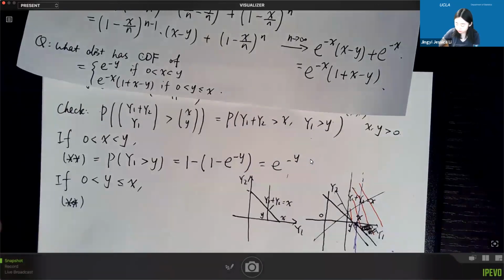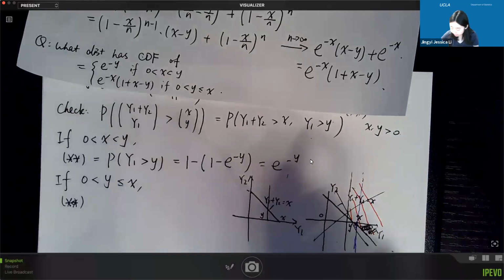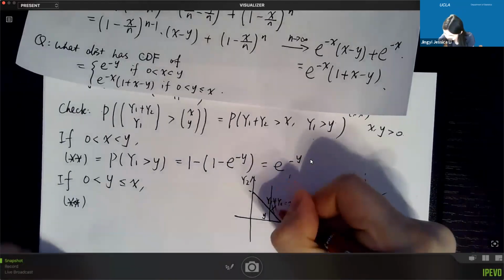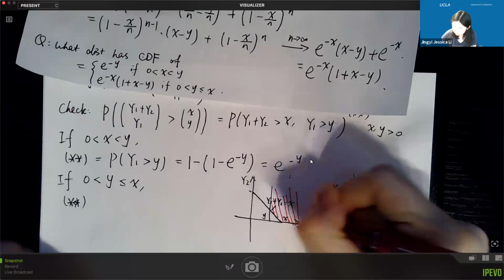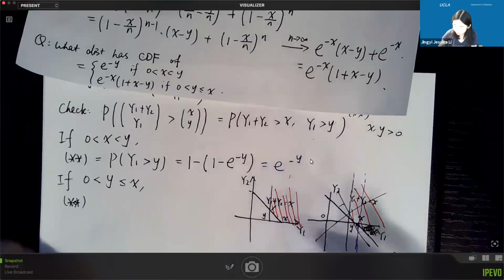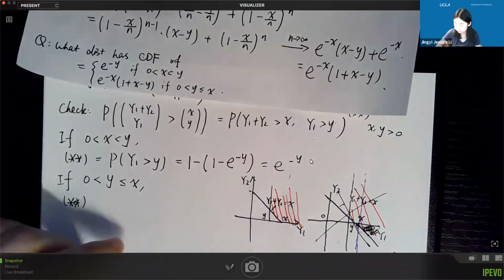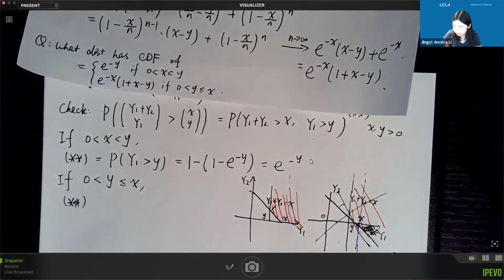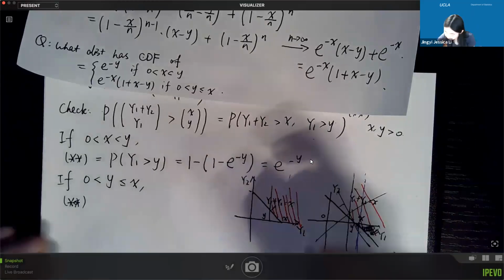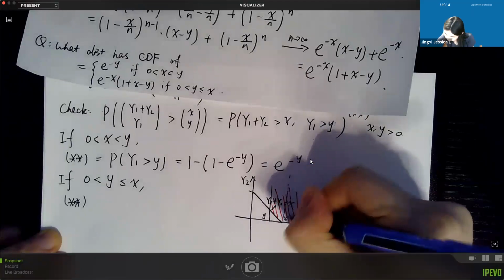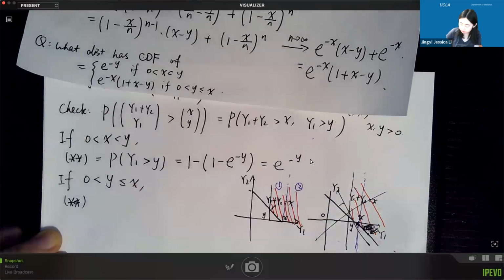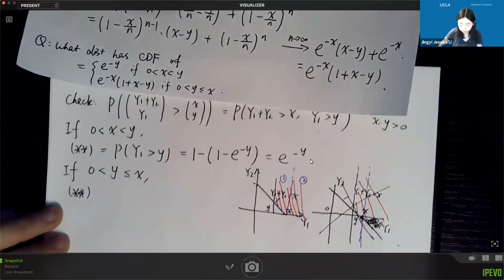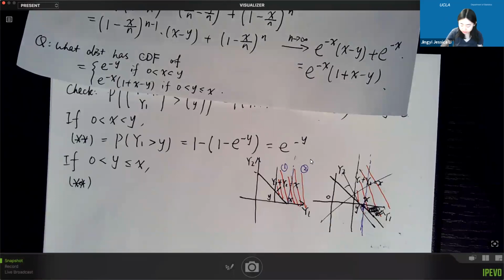So the area I'm interested in is actually this part. It doesn't go down, but it's constrained by the vertical line and the diagonal line. That's why I said that to make the integration easy, we separate it into two parts. One is this part, I call it area 1. One is this part, after x, that's area 2.